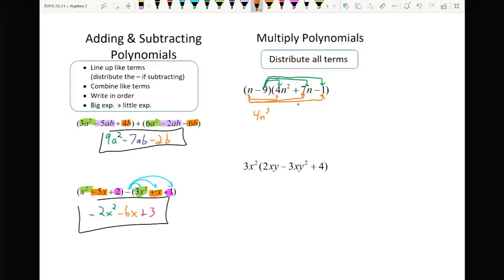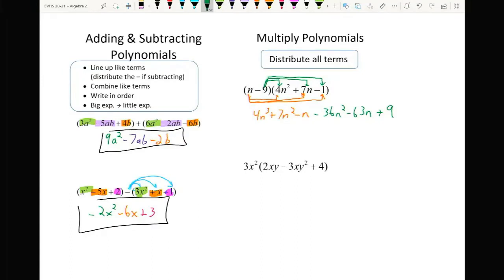Then n times 7n is plus 7n squared. n times negative 1 is negative n. Now, negative 9 times 4 is minus 36n squared. Negative 9 times 7n is negative 63n. And then negative 9 times negative 1 is positive 9.